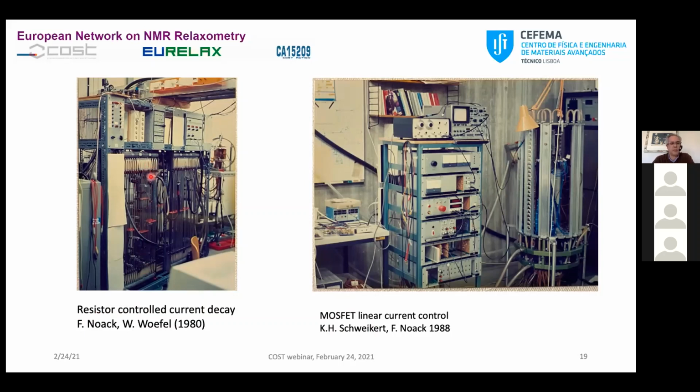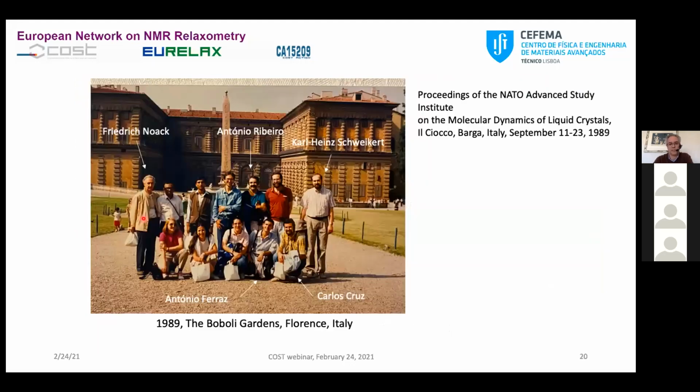Depending on the point where these cables were connected, we were able to control the resistance, and therefore the level of the field as well as the decay of this field. So the switching and the level were controlled manually, not with any other fancy electronics that we have these days.